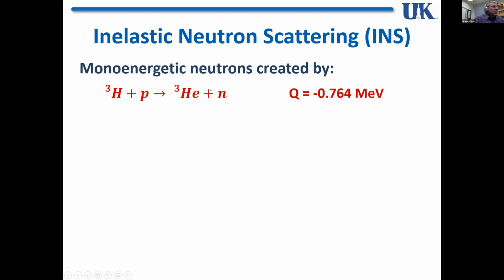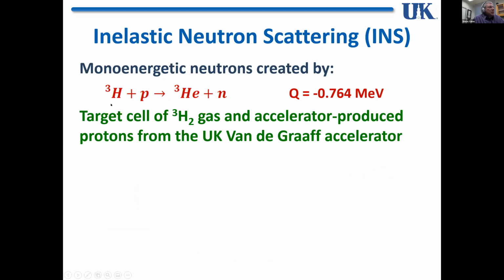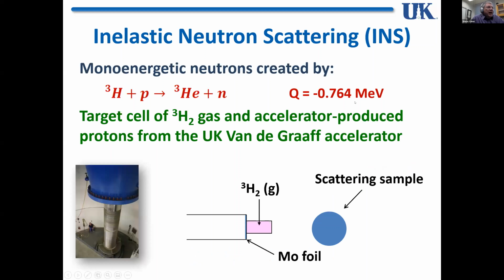Let me just show you, first of all, how we produce the neutrons. We use a small Van de Graaff accelerator, which produces protons. Those bombard tritium gas, and the reaction produces neutrons, which are essentially monoenergetic. And so this is a real advantage. Our accelerator is shown over here.